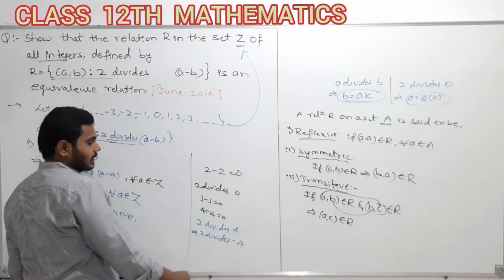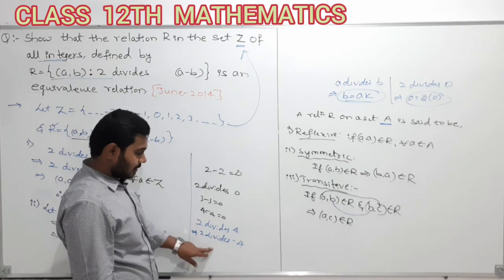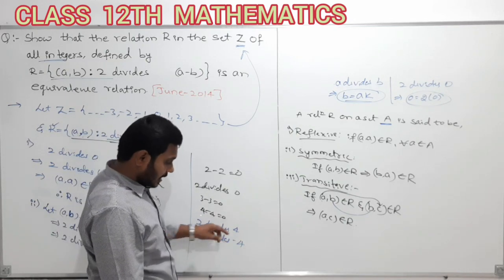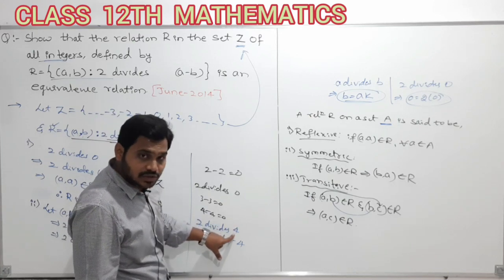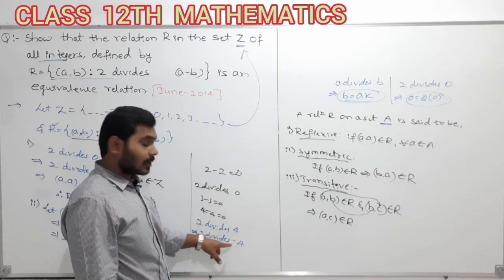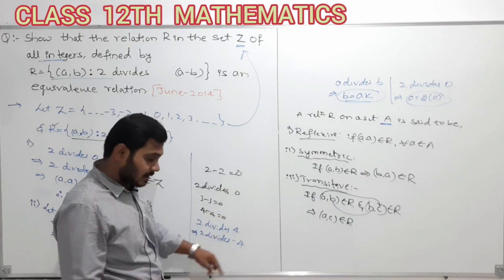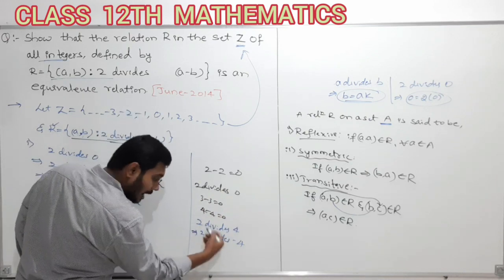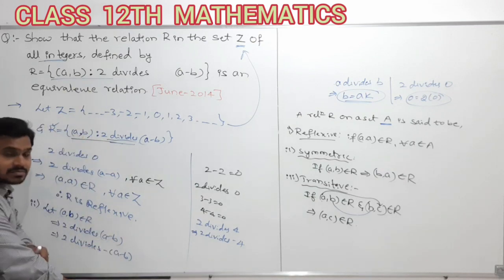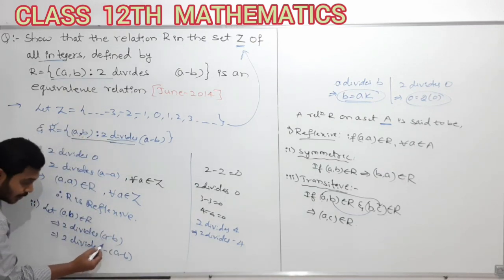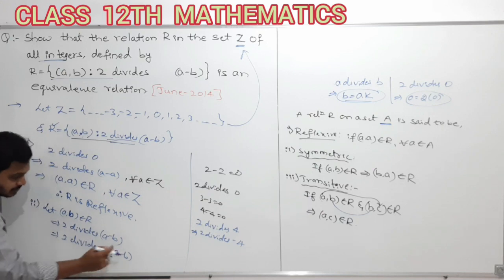Am I clear? If a number is divisible by a positive number, then the negative number is also divisible. If 2 divides 4, then 2 also divides minus 4. Like that, 2 divides A minus B means 2 divides minus of A minus B also.